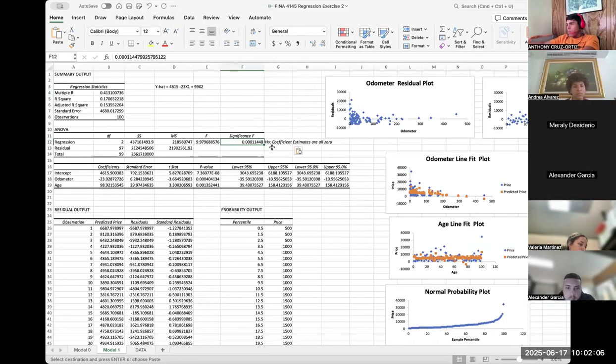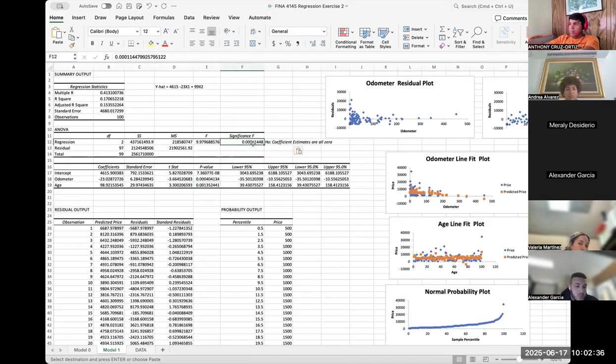Because it's so small, the chance of seeing what we saw is unlikely. But we still saw it. So there's something wrong with this null hypothesis. Because it says all coefficient estimates are zero, at least one of them is not zero. So it means at least one of them is significant. So you start with the F, but then you go one by one and see which one is significant or not. That's how it works.